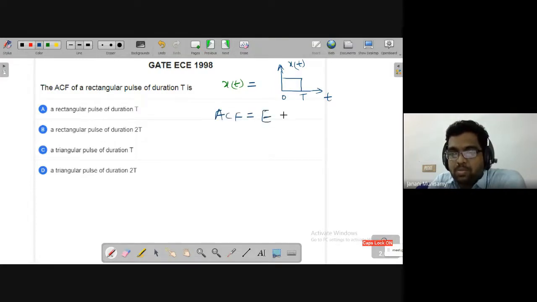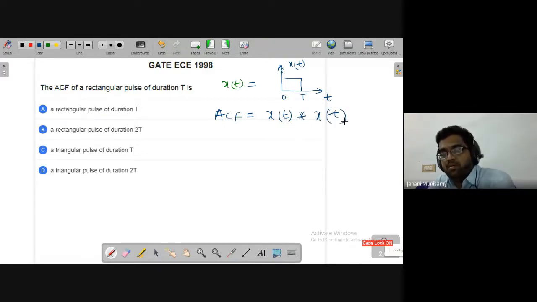Please refer to the basics. Directly we can write it like this: x of t convolution with x of minus t. This is the basic autocorrelation function formula.